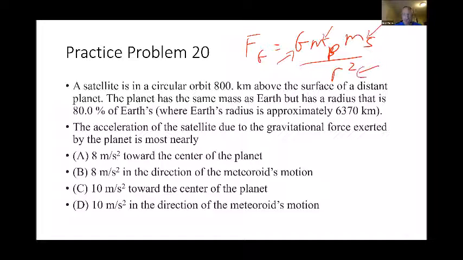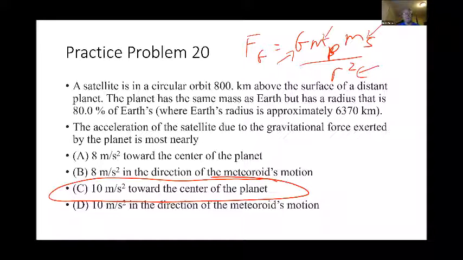That's not what r is. R in this equation is the distance between the centers of the two objects we're comparing. So as long as the satellites are the same distance from the centers and the masses are the same, the gravitational fields, the acceleration due to gravity, are going to be the same, which means our answer here, C.